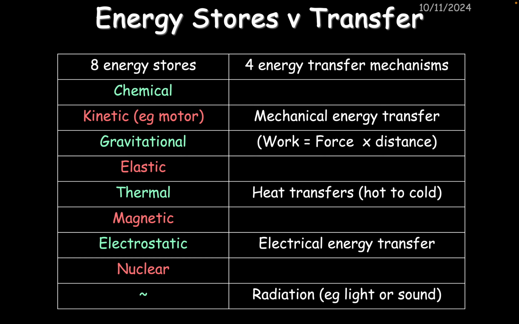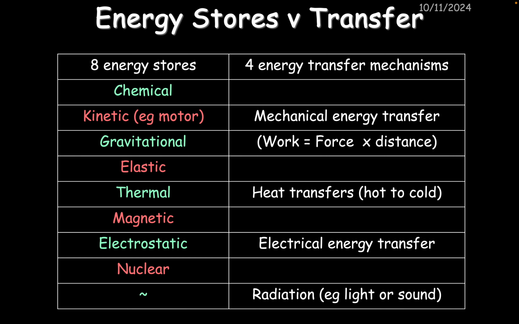And same can be said if you separate 2 charges. And if you're doing advanced level physics, you will know that gravitational potential energy and electrostatic potential energy are very similar mathematically. Okay, so we need to distinguish between energy stores and the 4 energy transfer mechanisms.